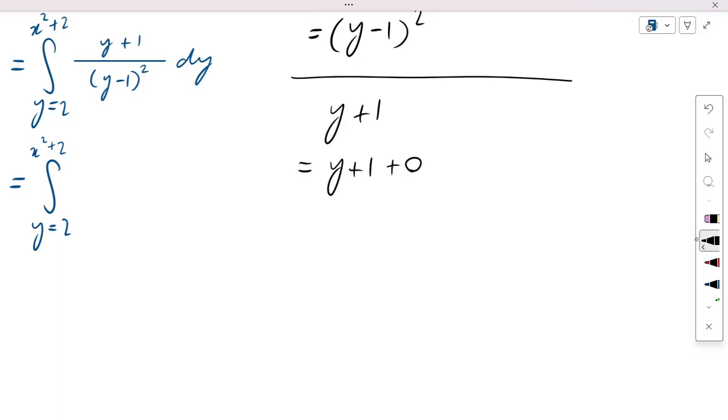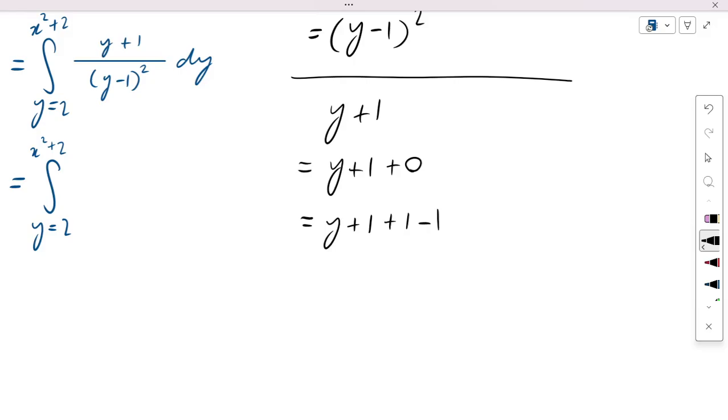We can add 0, meaning we can add anything we want as long as it cancels itself. So 0 is equal to positive 2 minus 2, or 0 is equal to positive 69 minus 69. They'll cancel out anyway. Because we want a minus 1, we're just going to write it as y plus 1 minus 1. Can you see what I did there?